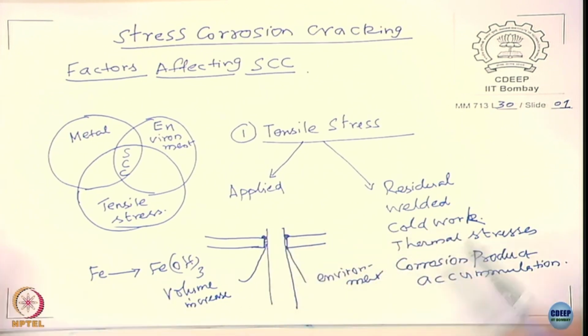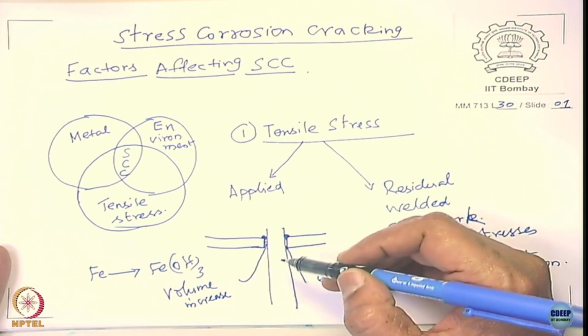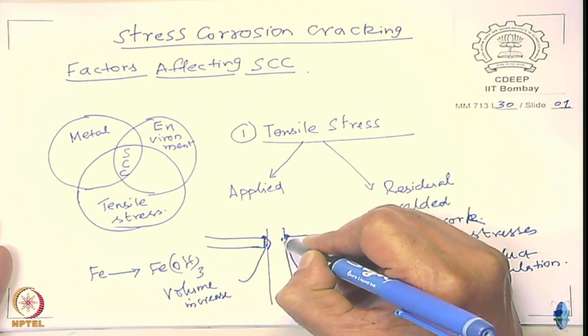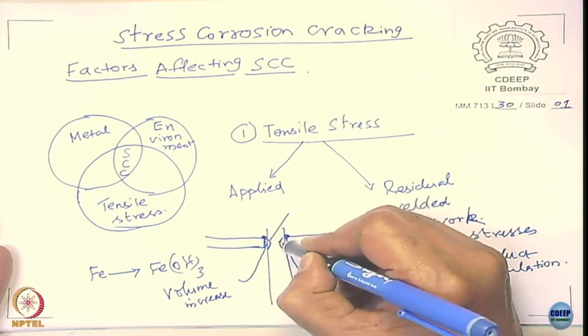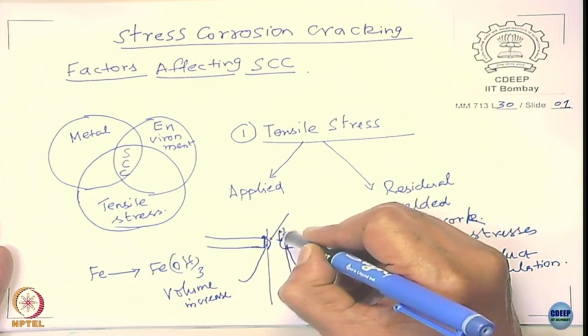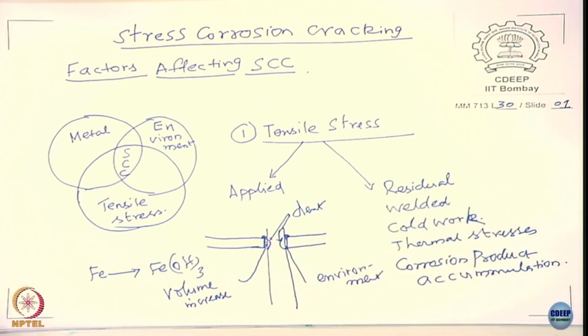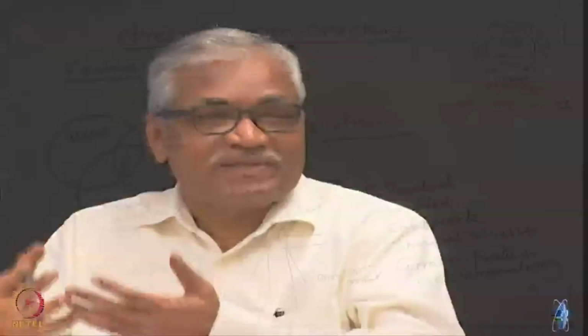What will happen to this tube? The tube will dent, right. It can happen, a dent. Stresses will start acting on that. It can be very high tensile stresses. Now, these stresses can add to the applied stresses.